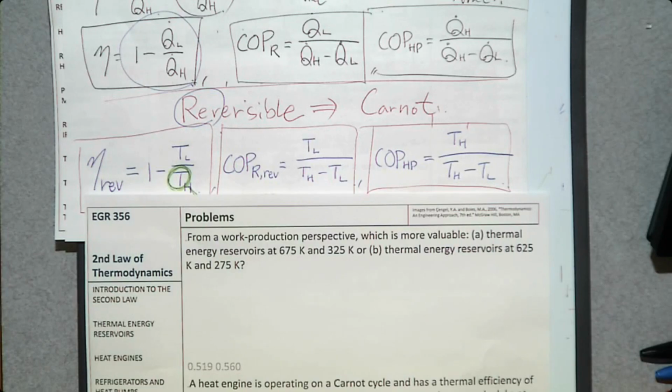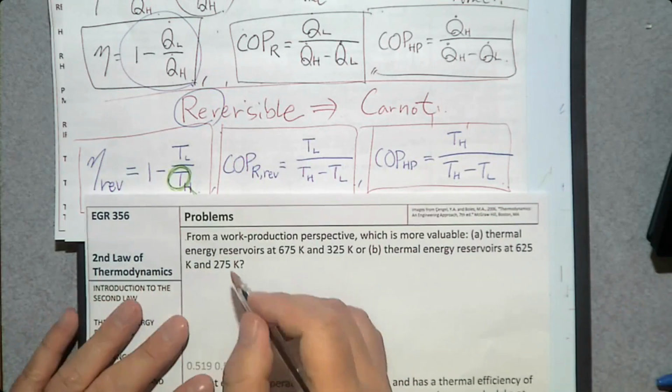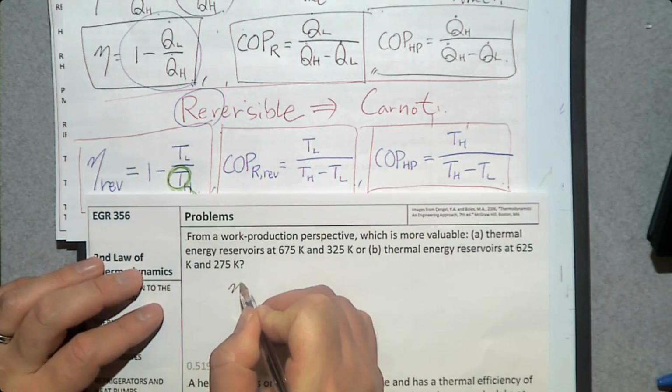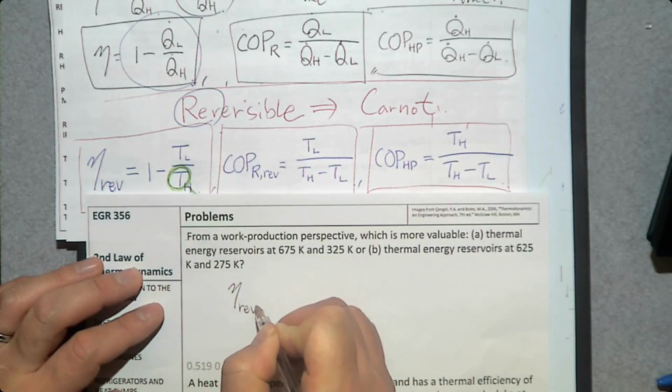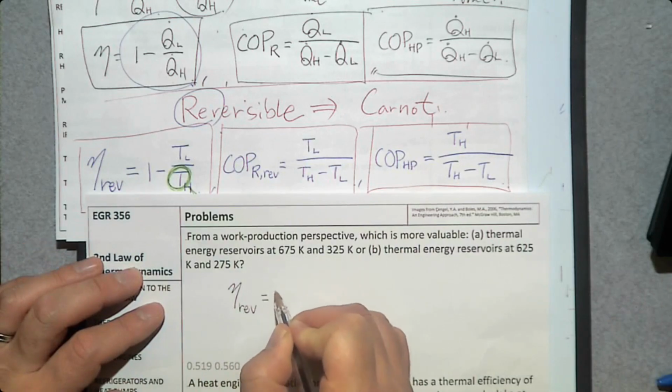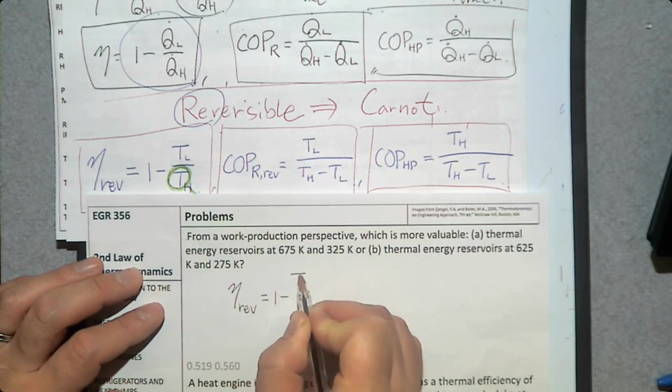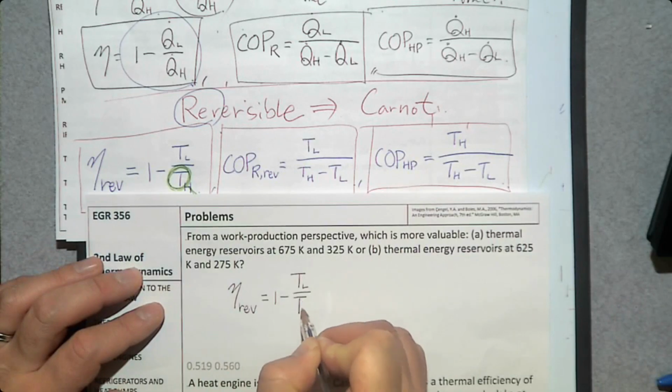So, which one has higher efficiency? Even though they have the same temperature difference, 350, you can calculate the theoretical efficiency, which can be determined by 1 minus TL over TH.